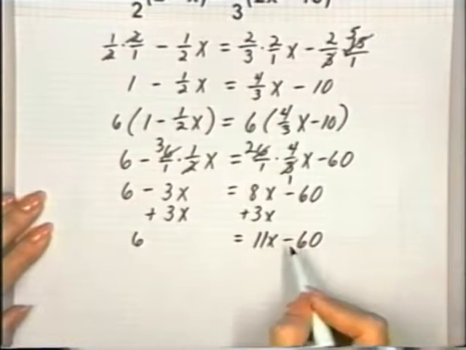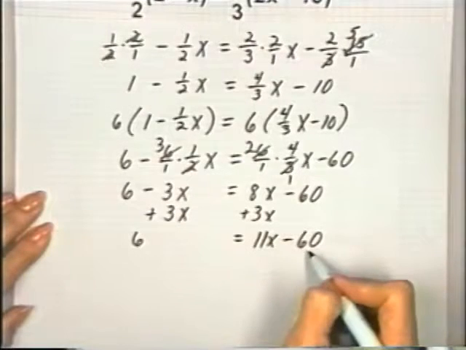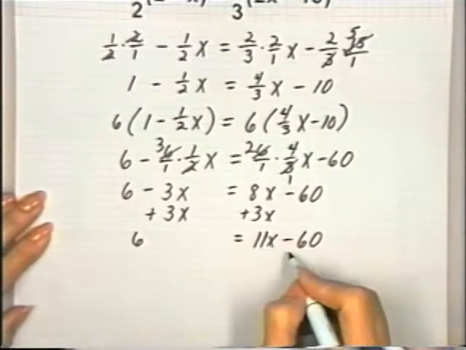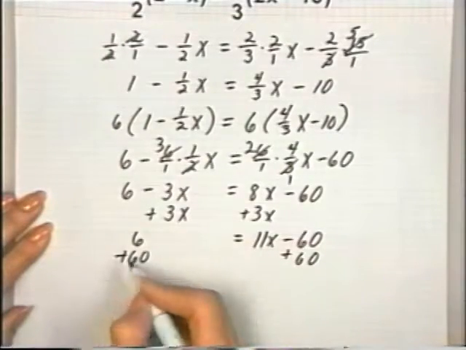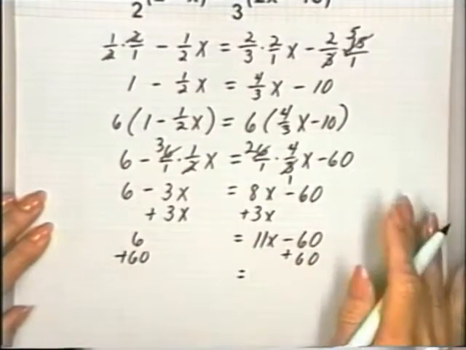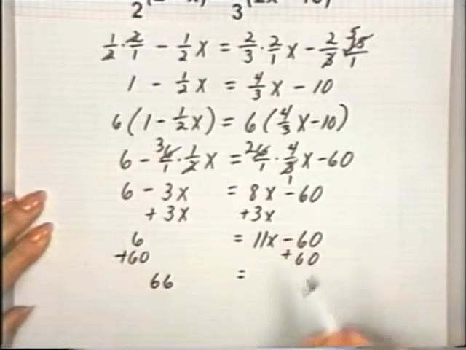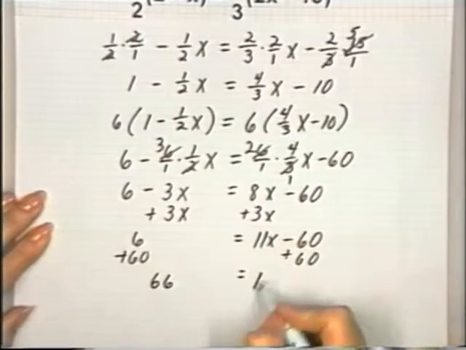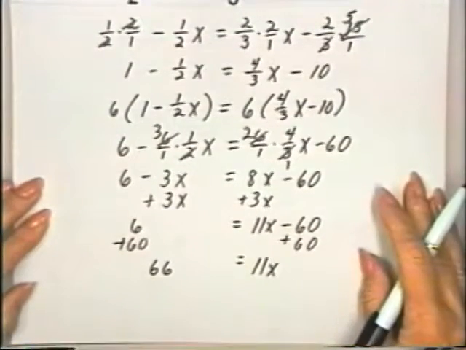I now want to move the negative 60 to the left side of the equation. Since the 60 has been subtracted from the right side of the equation, I will add 60 to both sides of the equation. 6 plus 60 is 66. On the right, I have 11x. Minus 60 plus 60 is 0.